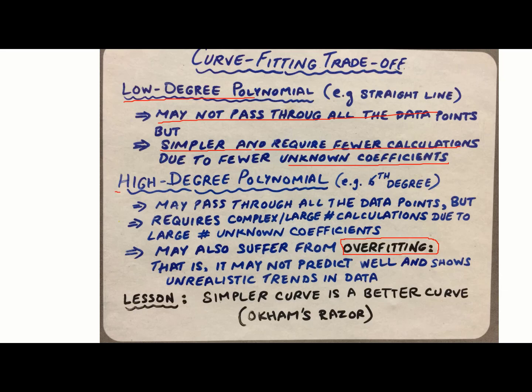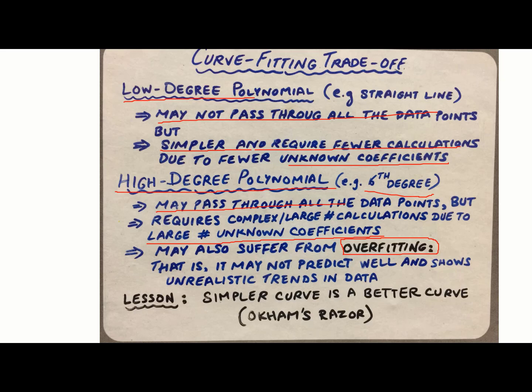By contrast, the higher degree polynomial, such as the sixth degree polynomial that we have just seen, may connect all the data points, but that comes at the cost of learning a large number of coefficients, because the number of unknown coefficients that we need to learn increases linearly with the degree of the polynomial.